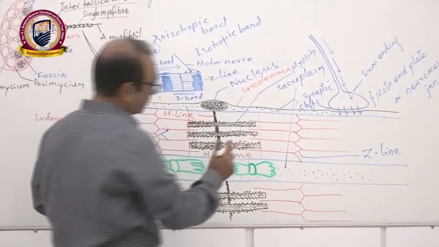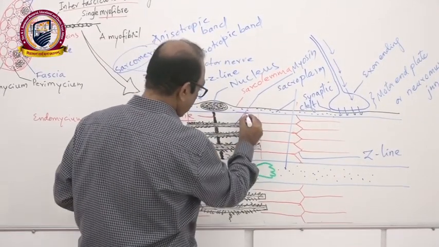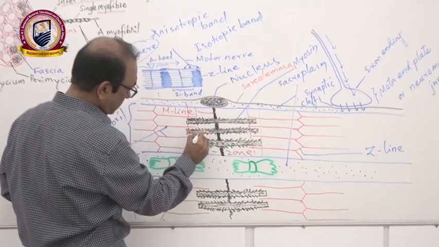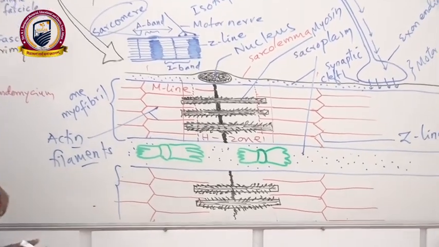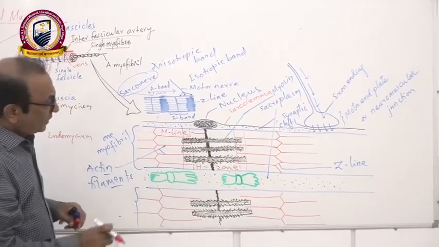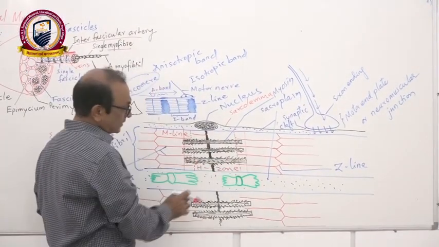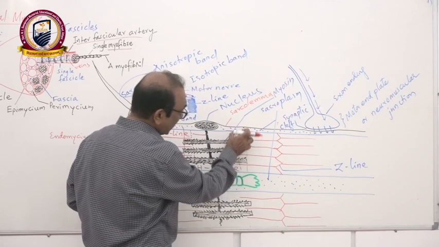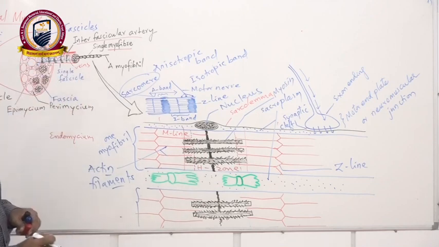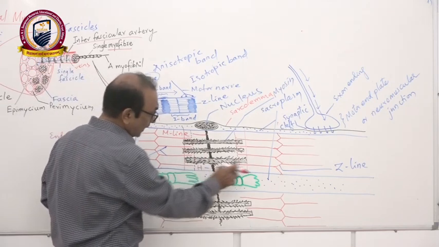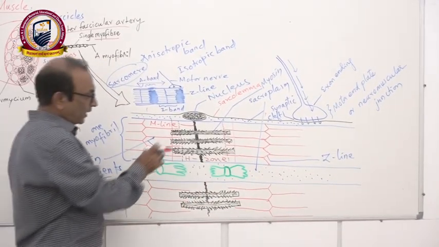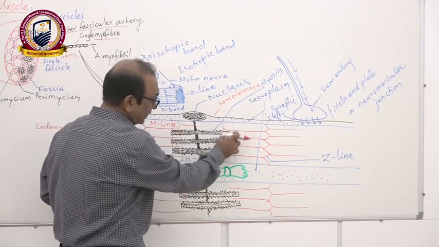At the outer ends, the myosin filaments are overlapped by the actin filaments. Those are the areas where you will find both myosin and actin.